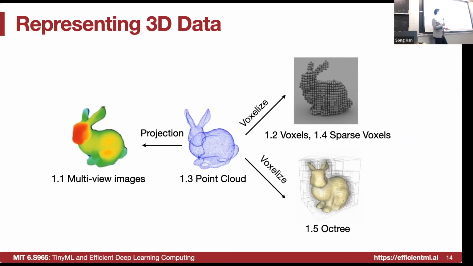And there's the octree representation, where the granularity of the voxel is different. If there's a more complicated structure, we use very fine-grained voxels. Voxel is in contrast to pixel: pixel is in the 2D space, and voxel is in the 3D space. And octree just has different resolutions of the voxel in different places.